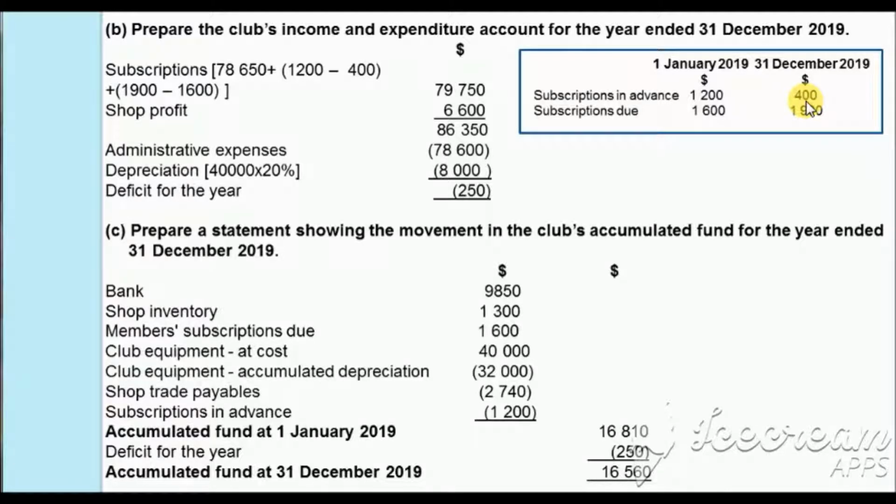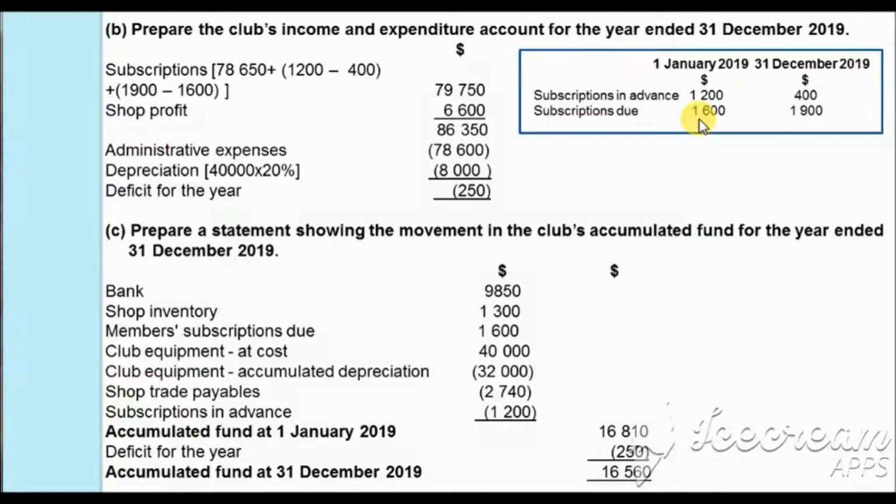So as it is for 2020 and not for 2019, and we are making the income and expenditure account for the year ended 2019, this needs to be subtracted. Okay, that is what I have done here. Then subscription due. Due means it is outstanding, it is not paid. On 1st January 2019, this is the balance which has been brought forward from 31st December 2018.